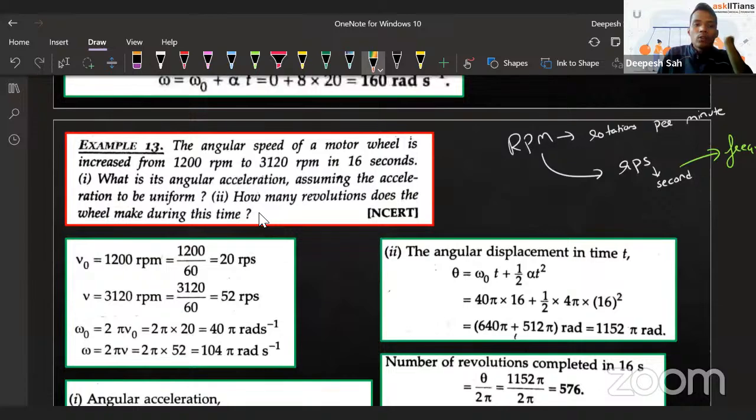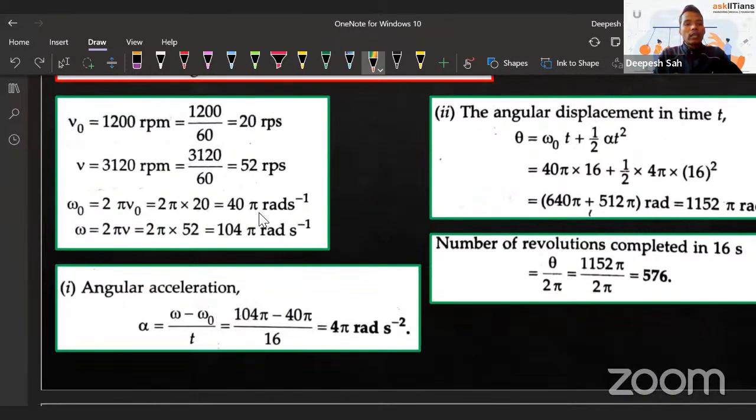Once you get the frequency in RPS, you can easily calculate the angular velocity. Angular velocity is equal to 2 pi times frequency. We calculated the frequency and we are putting it in to calculate the answer. Fine.